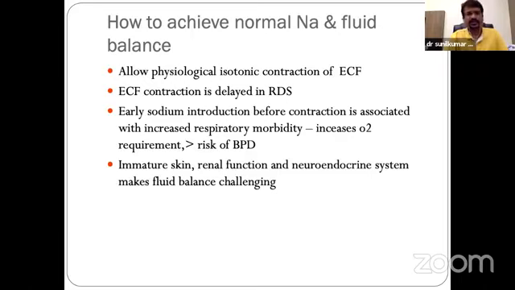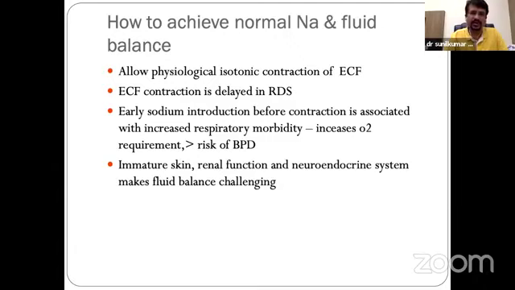And ECF contraction is delayed in RDS, and early sodium introduction before this ECF contraction is associated with increased respiratory morbidity. There is a clear link with increased water requirement, and it also increases the risk of BPD.